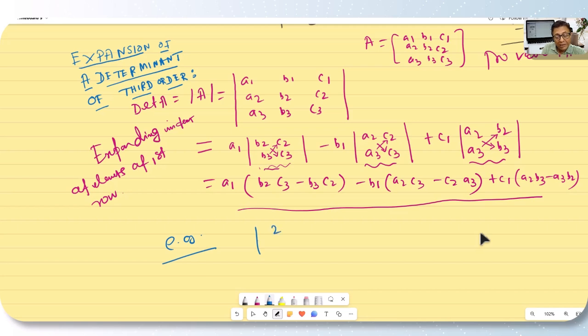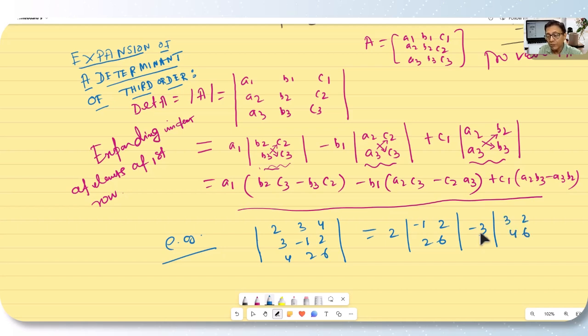Say I am taking 2, 3, 4, 3, minus 1, 2, 4, 2, 6. What's the value of this? It will be 2 into |minus 1 2; 2 6|, minus 3 into |3 2; 4 6|, plus 4 into |3 minus 1; 4 2|.